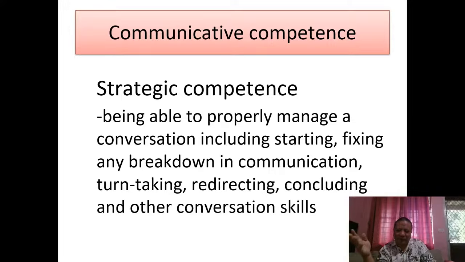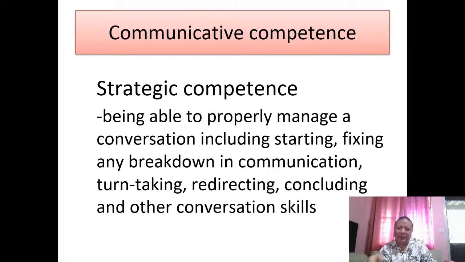You say, maiba tayo, maiba tayo, o maiba ako. And then how do you conclude a discussion? And all other conversation skills relating to managing a conversation. This is called strategic competence.